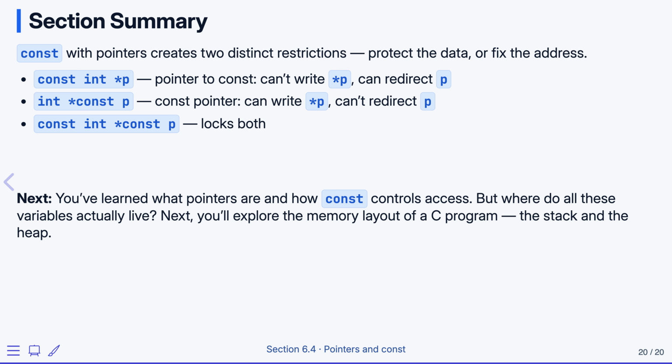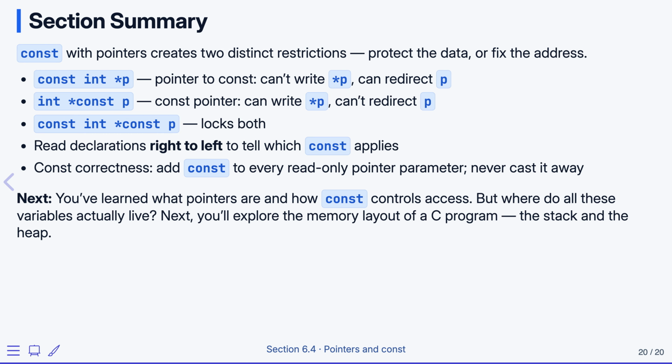Const int star const p locks both. Read declarations right to left from the variable name to tell which const applies to what. And const correctness means marking every pointer parameter as const when the function does not modify the data. Never cast const away.